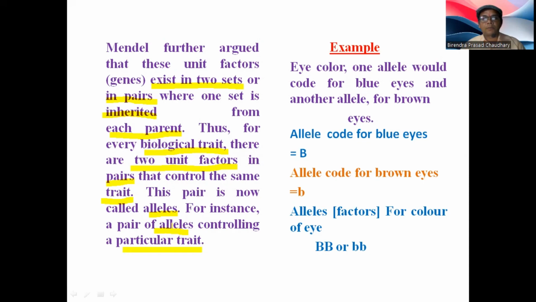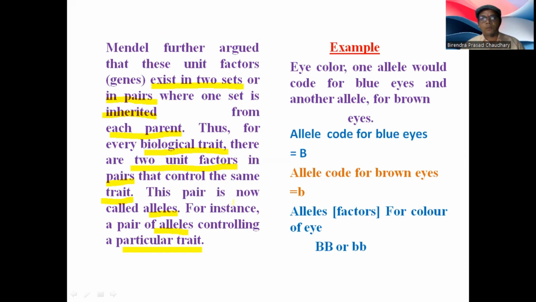It means that a single character is controlled by a pair of factors, or you can say a pair of genes, or nowadays a pair of alleles. And those alleles came from two different parents, one from each parent. They are in pair and they conduct the phenomenon of inheritance of the same trait.